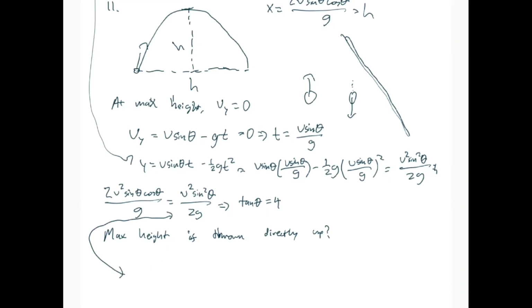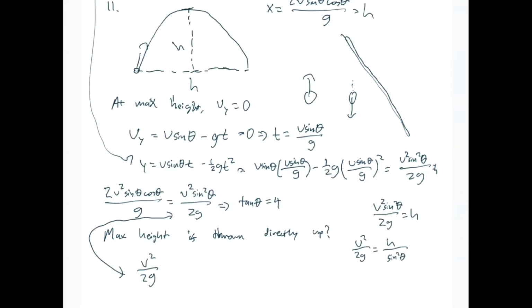And our height, if we throw it directly upwards, is the same, but theta equals 90. So that just means sine theta is 1, so this becomes v squared over 2g. So we want to find v squared over 2g. And we know that from here, v squared sine squared theta over 2g is equal to h, which means that v squared over 2g is just h over sine squared theta.